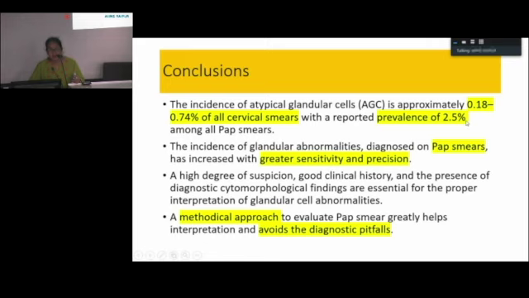A high degree of suspicion, good clinical history, presence of diagnostic cytomorphological findings are essential for proper interpretation of glandular cell abnormalities. And one must follow a methodical approach to evaluate pap smears so that you can avoid the diagnostic pitfalls. So that's it.